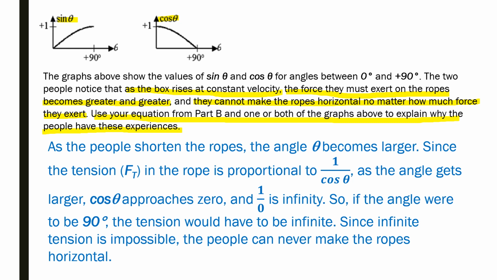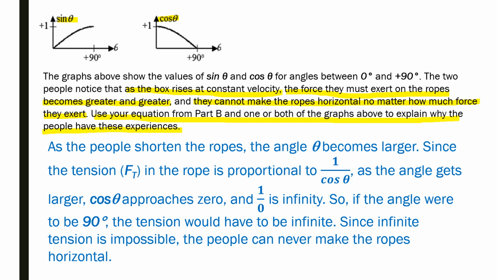Remember from the previous solution that the force of tension is mg over 2 cosine theta. And then on this graph, as theta reaches 90, the value of cosine theta is 0.